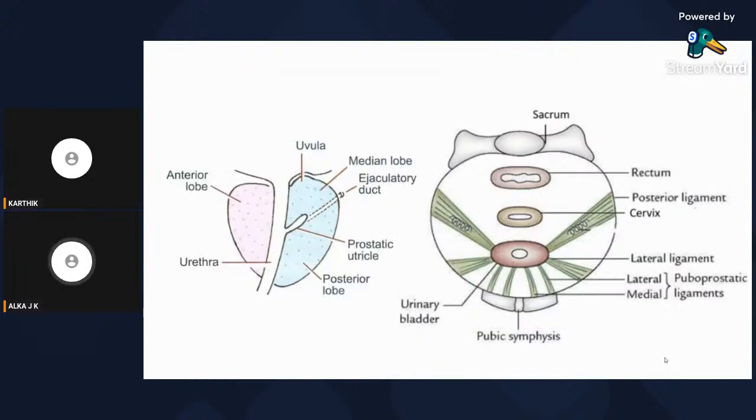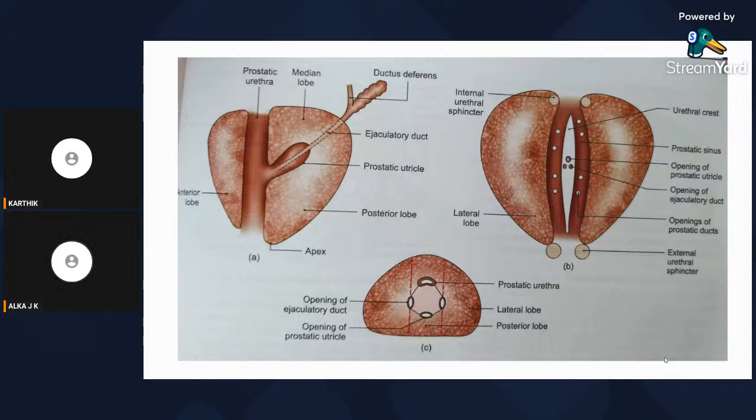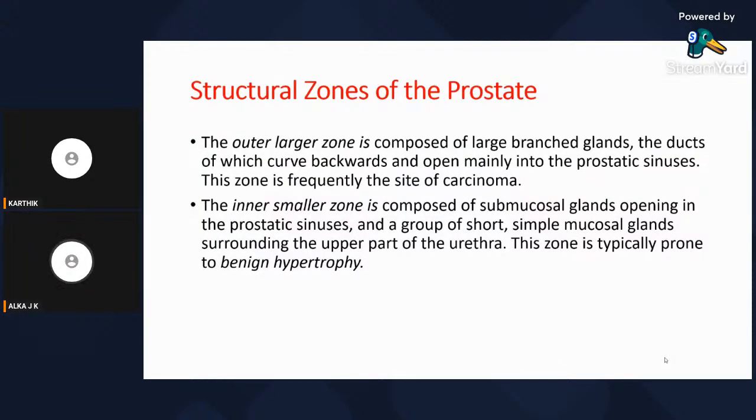Again, pictures are there. Next, structures within the prostate. The prostate is traversed by the prostatic urethra and prostatic utricle, and the ejaculatory ducts also enter. Next, structural zones. The outer larger zone is composed of large branching glands, the ducts of which curve backwards and open mainly into the prostatic sinuses.